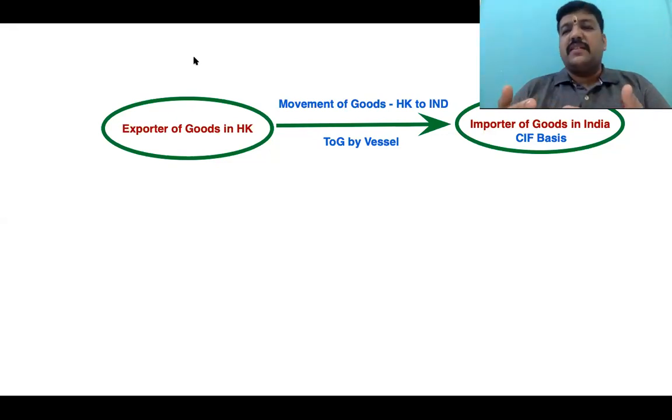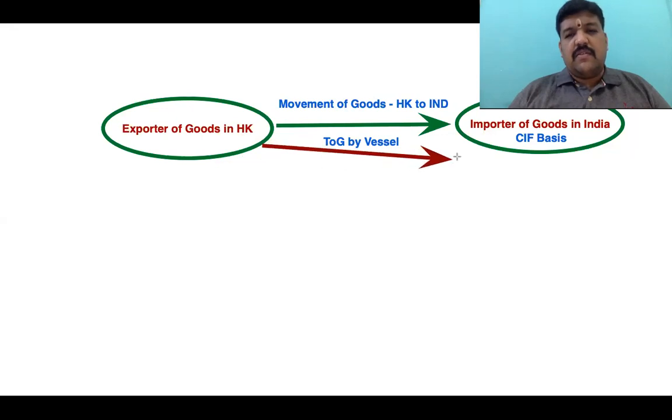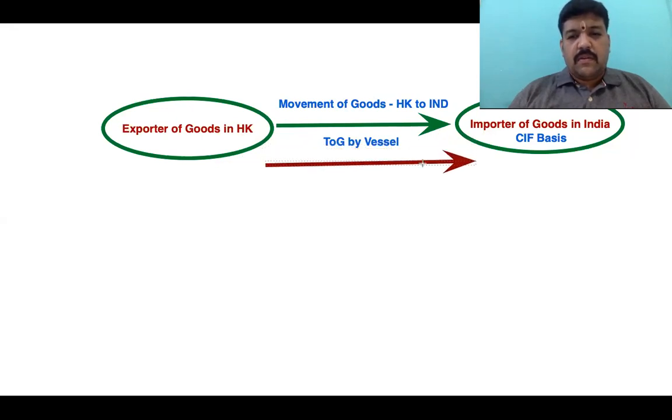Sir, why CIF basis? Because the cost of transportation and the risk, everything, will be with your exporter of goods. Your exporter of goods is responsible to transport the goods until they reach your Indian port. Until then, the risk of transportation and all the other aspects are with the exporter.